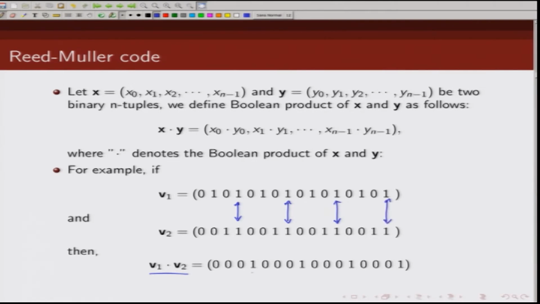So, you can see it's only 1 at the 4th, 8th, 12th and 16th location. All other times it is 0. Okay. So, this is how we define the Boolean product.